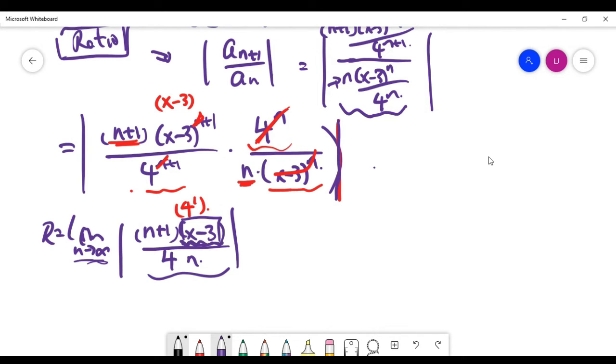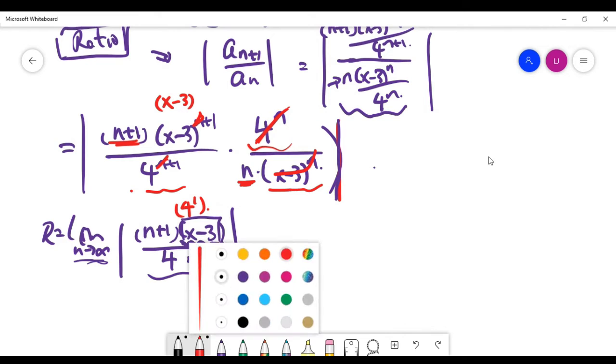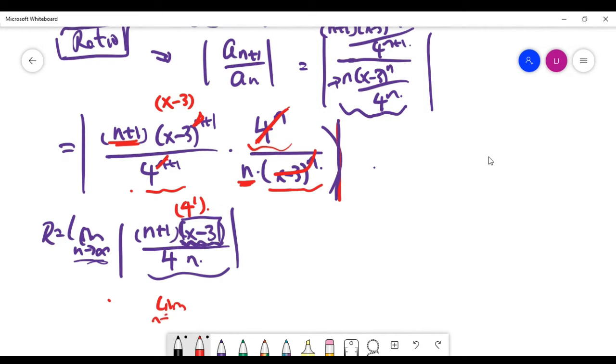It just stays there. So the thing which is important when we take the limit is actually the fraction (n plus 1) divided by 4n. And when n goes to infinity, only the highest power term matters in the rational functions. So conceptually you're looking at the fraction n divided by 4n, and n is basically cancelled, so you get 1 over 4 as the answer for the limit.